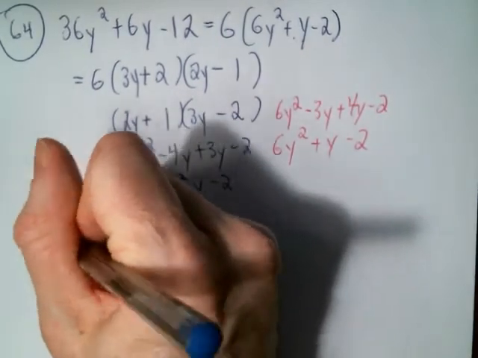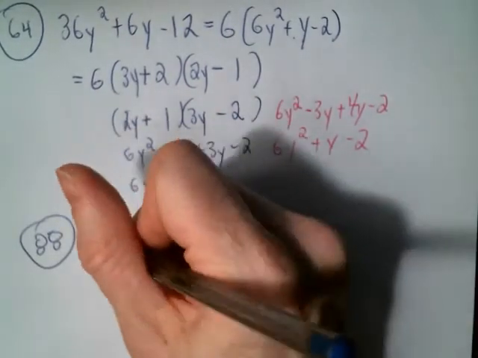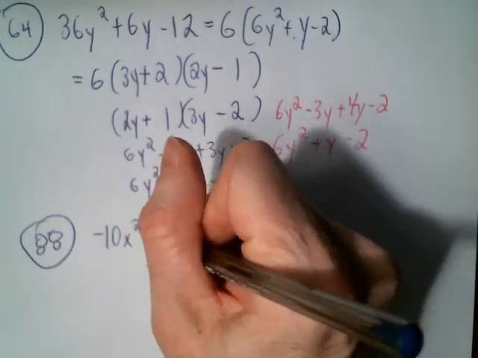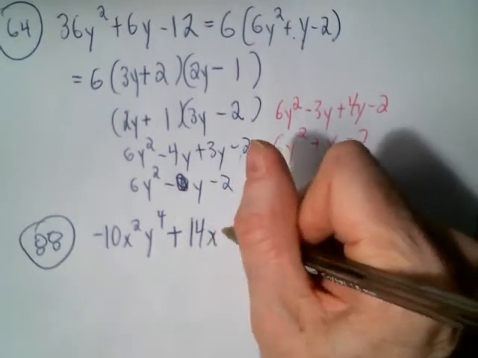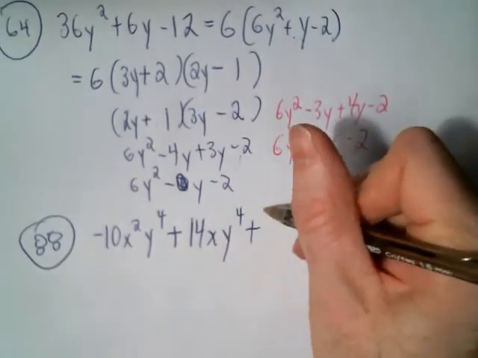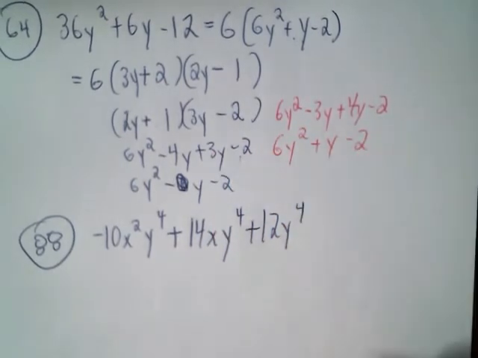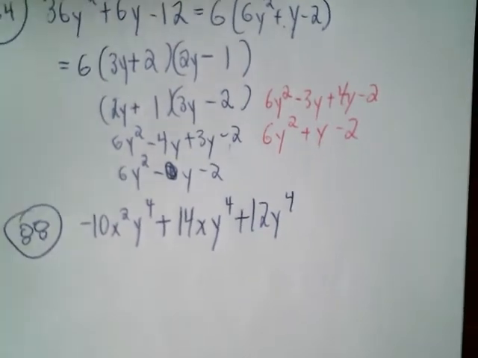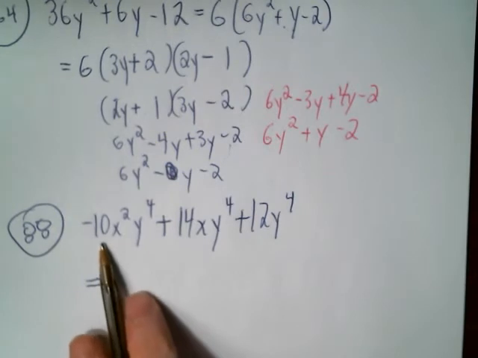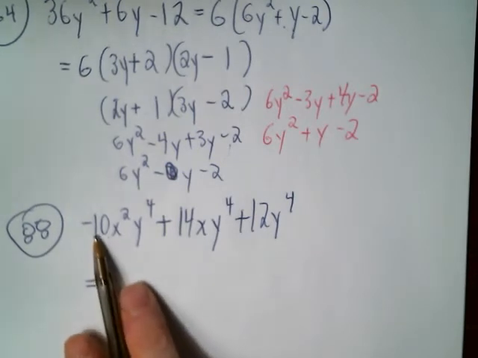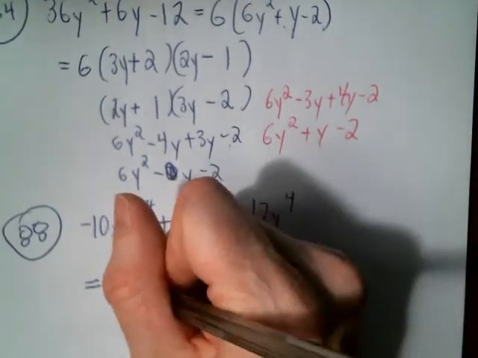And this is 88. Negative 10x squared y to the fourth plus 14xy to the fourth plus 12y to the fourth. This time it has a leading coefficient that's negative, so I'm going to pull the negative on top of everything else.